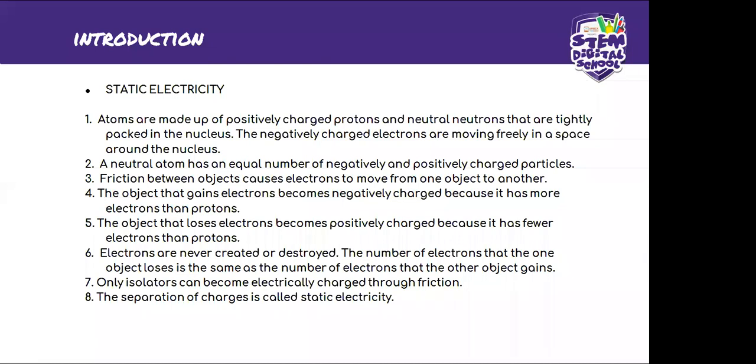Point 6. Electrons that are transferred are never created nor destroyed. The number of electrons that one object loses is the same as the number of electrons that the other object gains. For example, if I have an object A and an object B, and object A loses 2 electrons, then object B will gain the same amount of electrons.